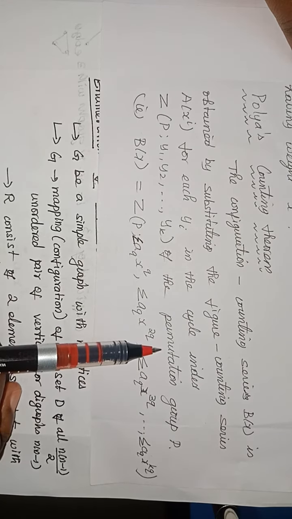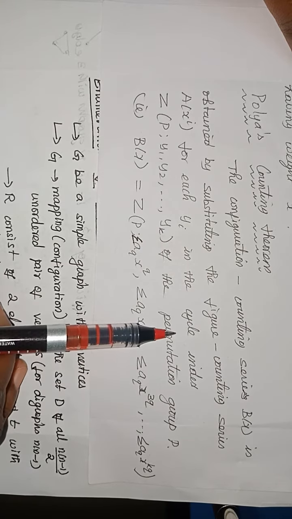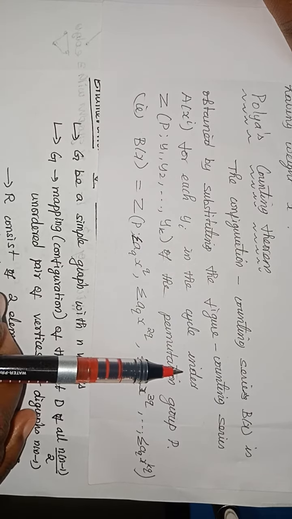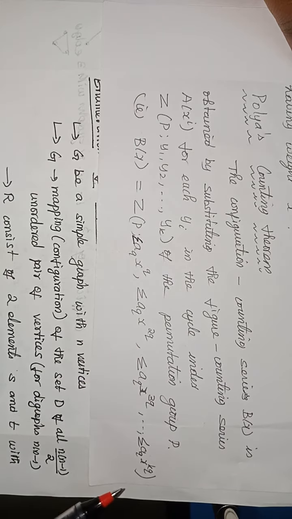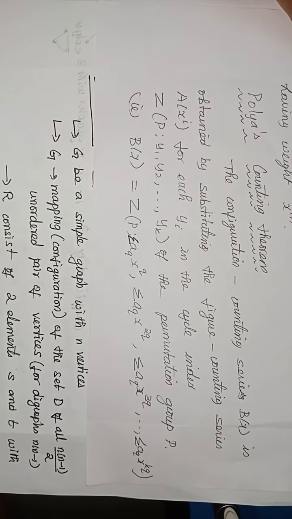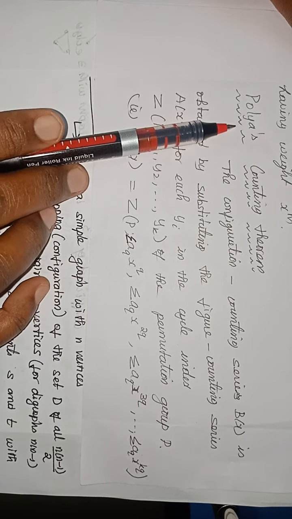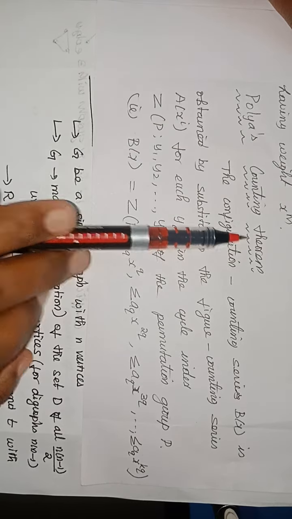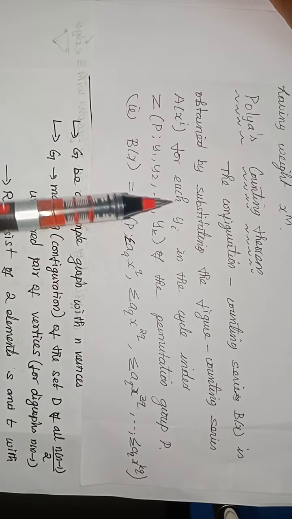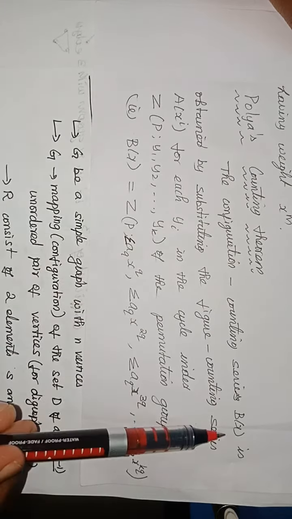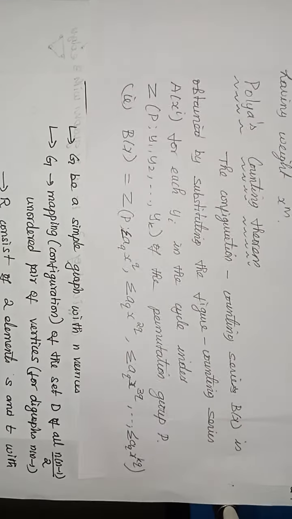We started with permutations, then cycles, then cycle structure, then cycle index, then permutation group, then symmetric group, then pair group, then equivalence relation. So in order to know about Polya's counting theorem, we should know what a cycle index is and what a permutation group is, which we know. The new terms, configuration counting series and figure counting series, will be explained in the next video.